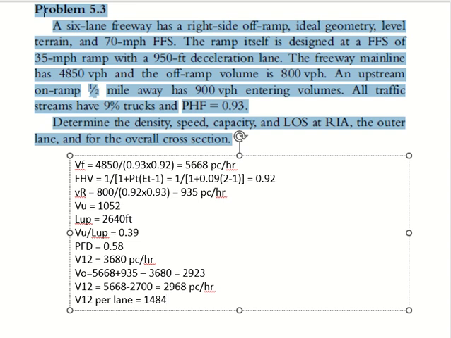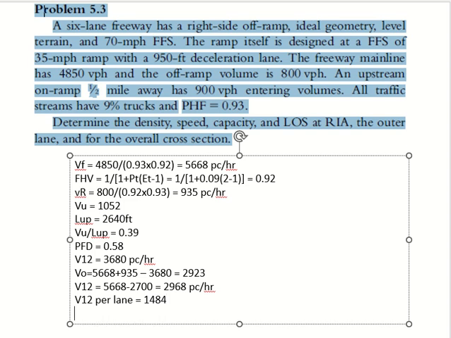Okay. So we are saying the per lane outer should be less than or equal to 1.5 times this value. So per lane outer is now how much? The new V12 changes, the V outer will also change, right? Okay. So how much is that?